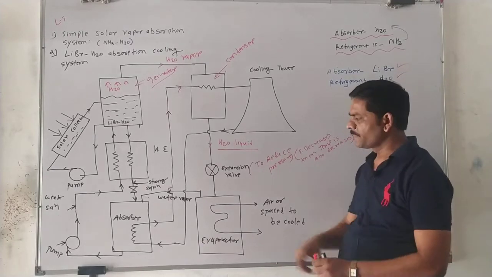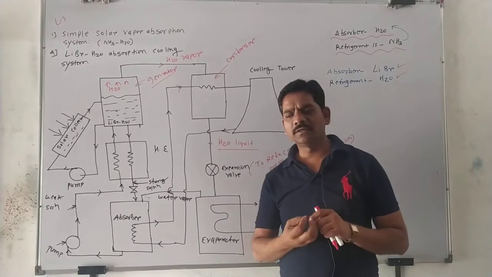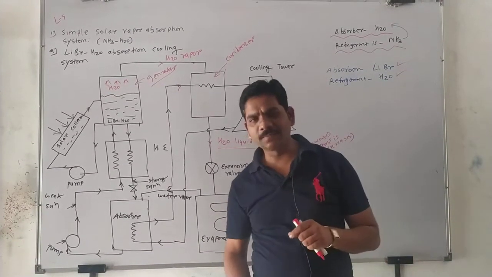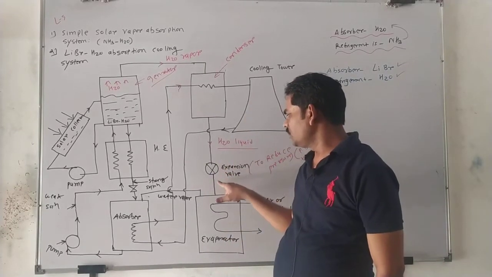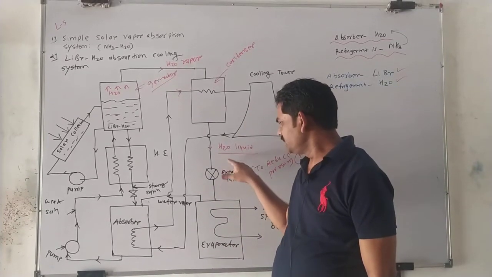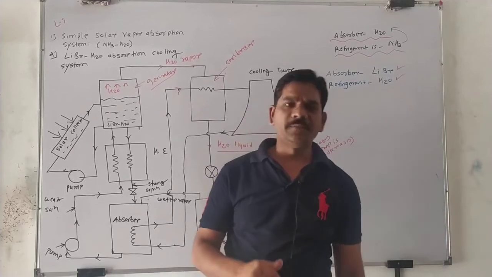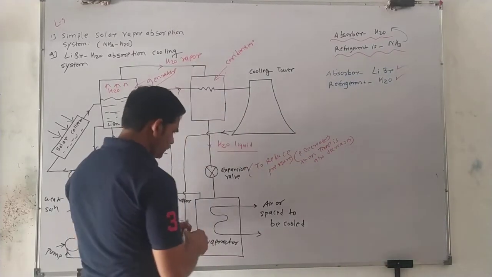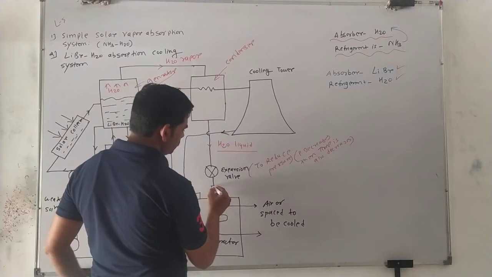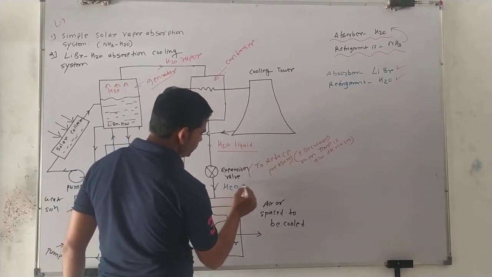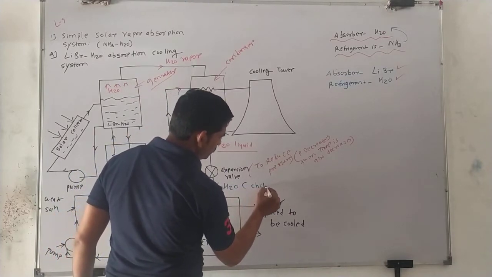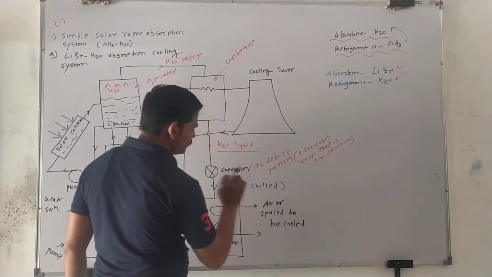Yes or no? Yes. So the role of the expansion valve is to decrease the pressure. This H2O decreases its pressure, then it decreases its temperature. So here we get a very chilled form of water. H2O is very chilled, and we are getting it.